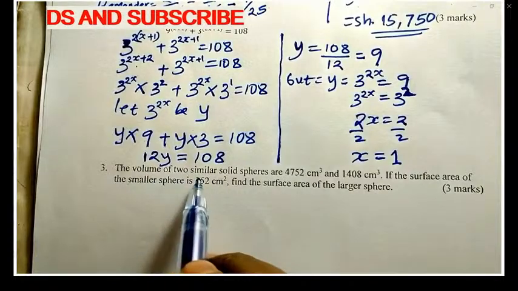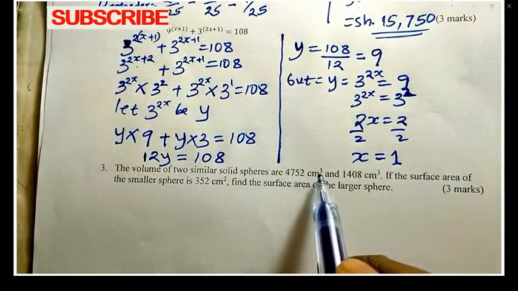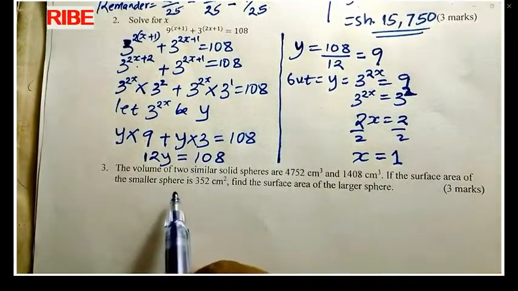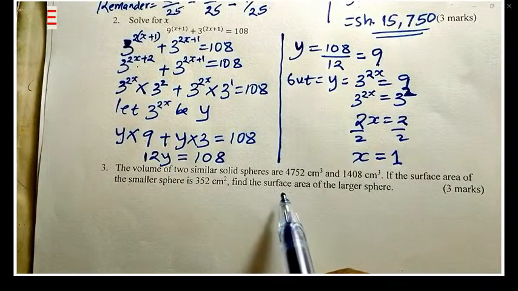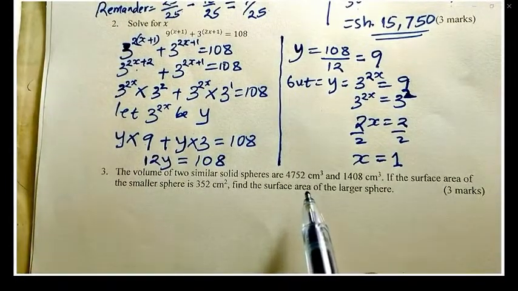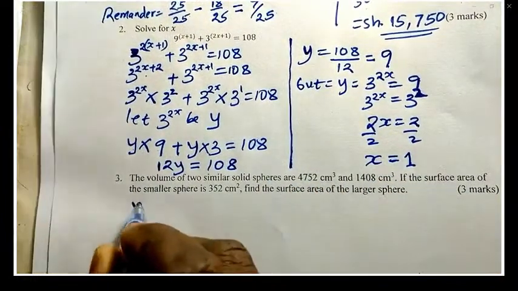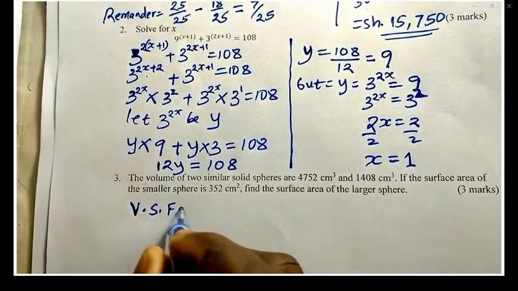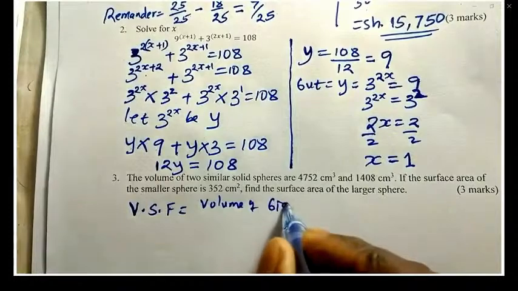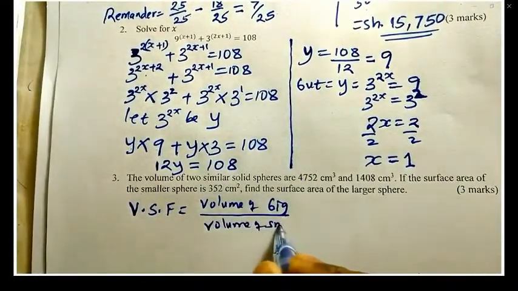The volume of two similar solid spheres are 4752 centimeters cube and 1408 centimeters cube. If the surface area of the smaller sphere is this, find the surface area of the larger sphere. So what we have here is volume scale factor. So volume scale factor will be equal to the volume of the big divided by volume of small.